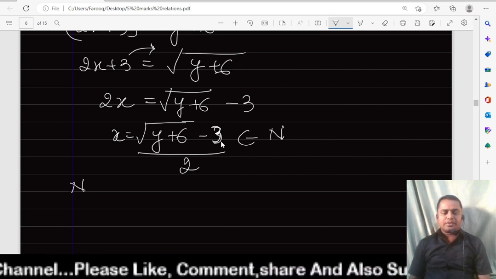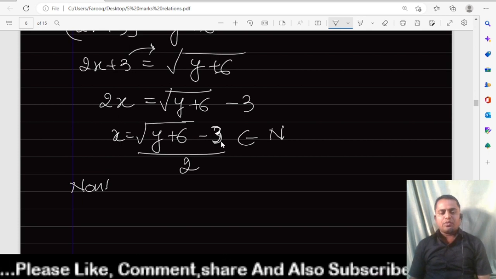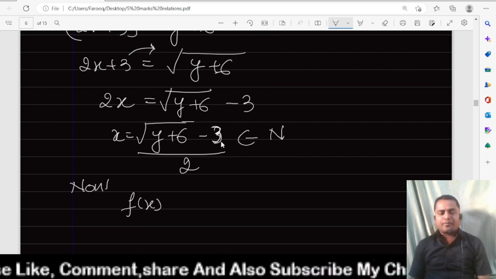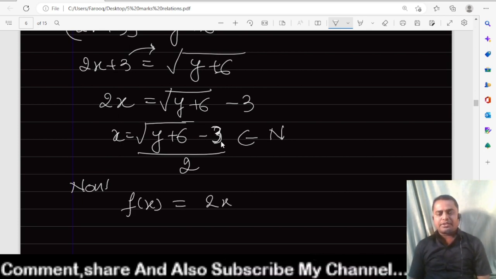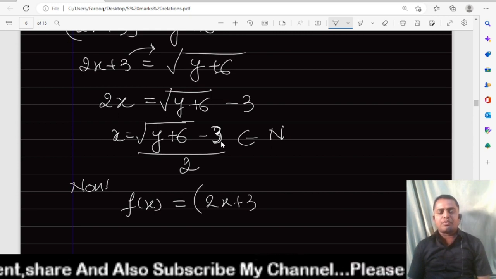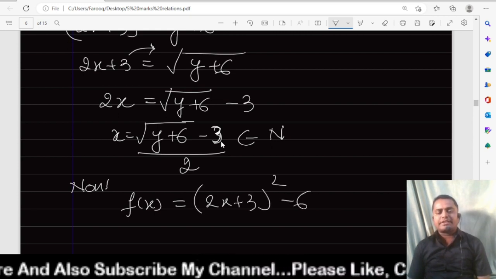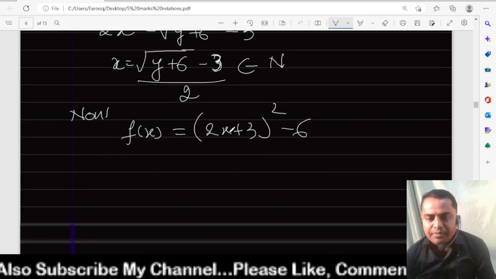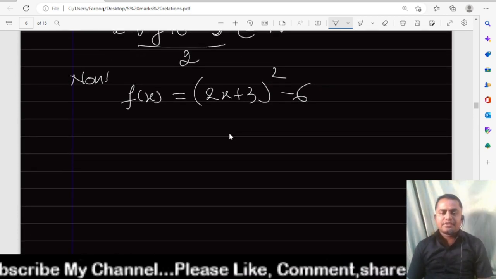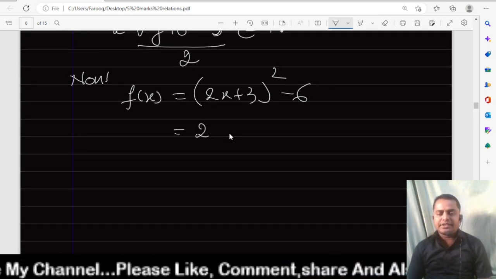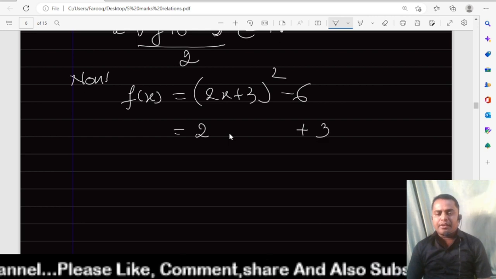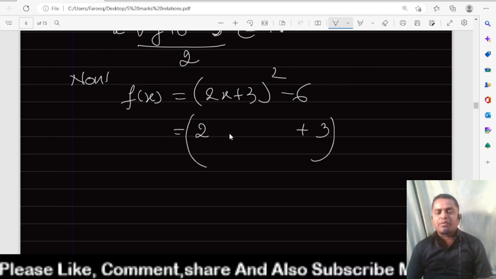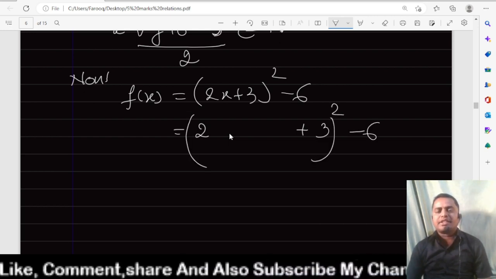So now take f of x is equal to 2x plus 3 bracket square minus 6. Now I am writing 2 as it is plus 3 bracket square minus 6.